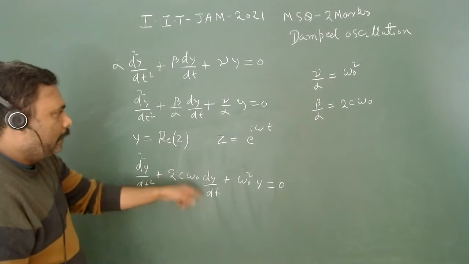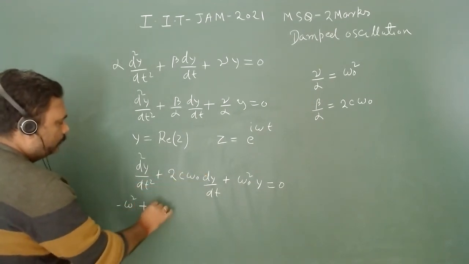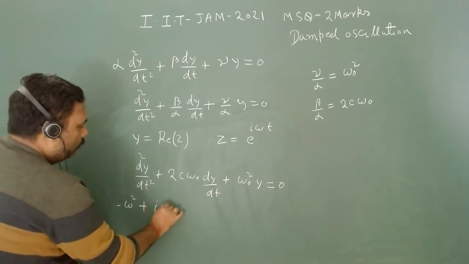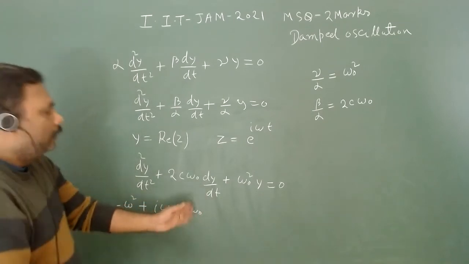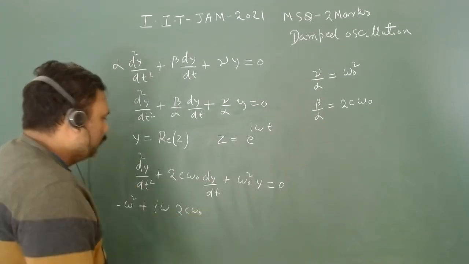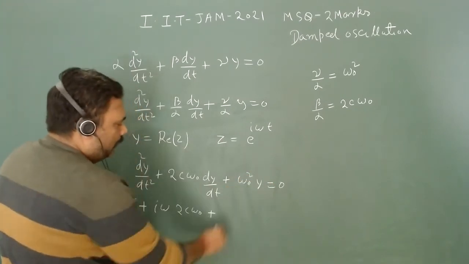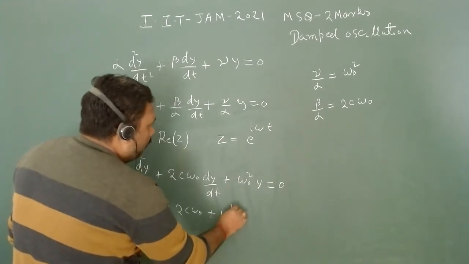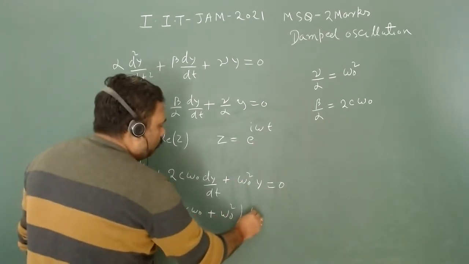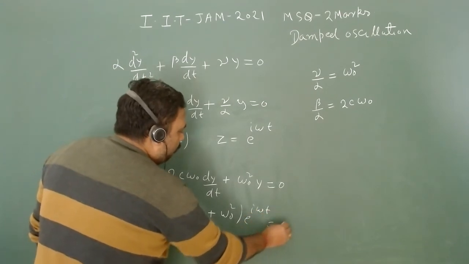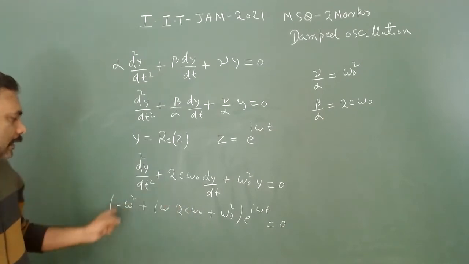And here we have to differentiate only once, so this value is plus i omega, times 2c omega naught, and e to the power i omega t is also there, so you can take it outside, plus omega naught square, and y is equal to this value, and here is e to the power i omega t, equal to 0. Obviously, this part is not 0, so the rest is going to 0.